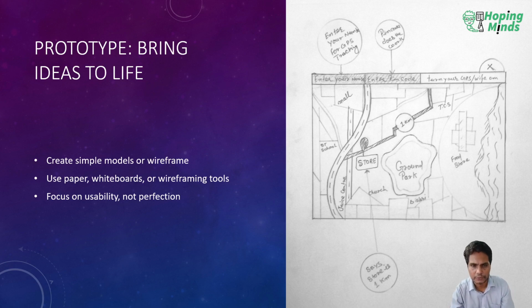So prototyping, you can do it on paper. By prototype I don't mean interaction or animation. By prototype, wireframing, I mean sketching the initial ideas either on paper or on any application you can use, like FigJam, Miro board, or any whiteboarding application.